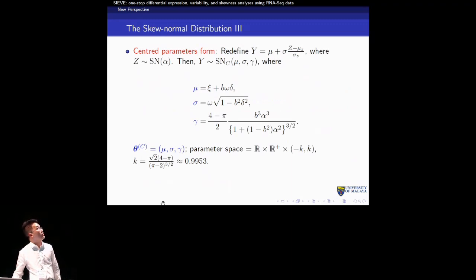And I chose the centered parameter form, where mu is the mean parameter, sigma is the standard deviation, and gamma is the skewness of the random variable. So here single and explicit parameters can be used to construct the DE, DV, and the DS test.